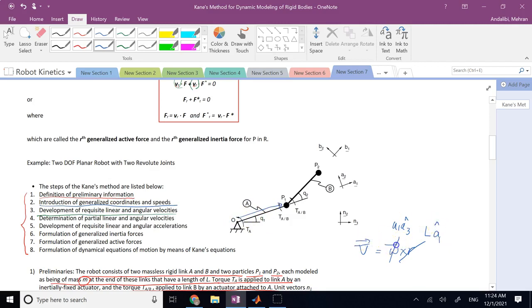And if you do so, what will you get? Well, you get U1 times L, and then A3 cross A1 is going to be A2. So there's going to be LU1 in the direction of A2. Again, A2 comes from A3 cross A1. So LU1, which is LQ1 dot, in the direction of A2, so this direction. This is going to be V of P1. Absolutely it is. You know that from dynamics. And that's what you see here.